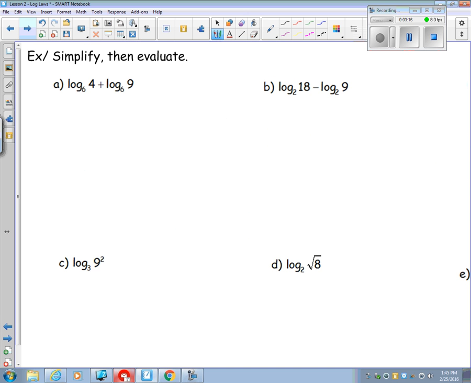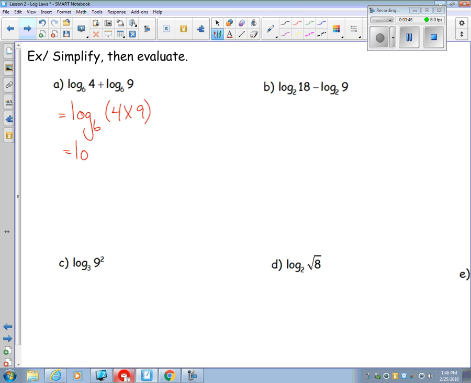Okay, we're going to simplify then evaluate. Now, if I were to try calculating this, 6 to the power of something equals 4, there's nothing at all that I could possibly think of. It wouldn't be good to try and evaluate this the way it is. But if I were to take these 2 logs, and notice they have the same base, which is log 6, and say, hey, these logarithms are adding, that means I can multiply their 2 values together.